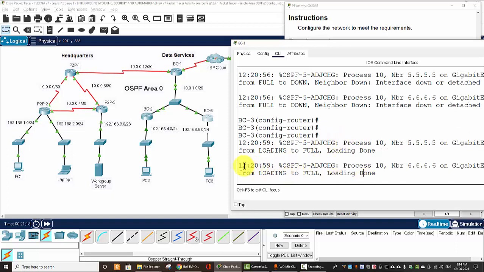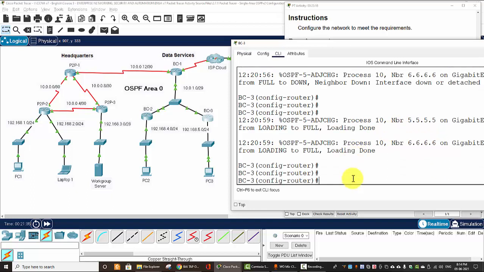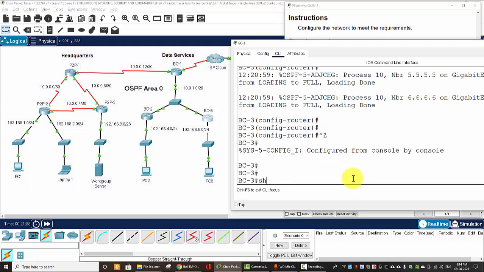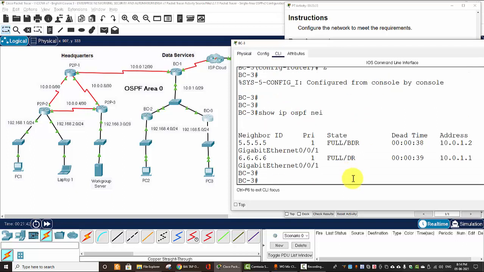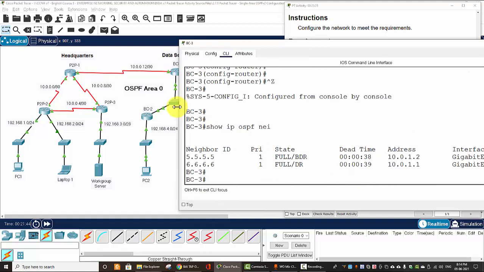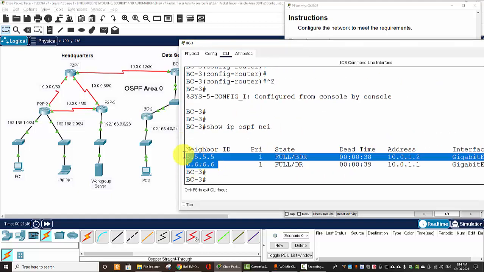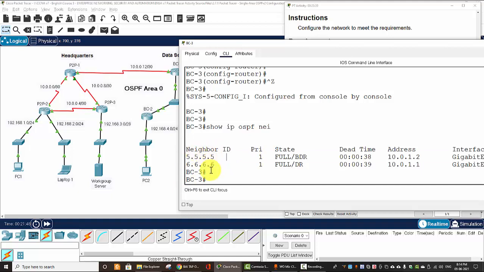So after some seconds we get the syslog message about the neighbor, the routers BC2 and BC1 here, and we can show the neighbors with show ip ospf neighbor, and we get the result of two neighbors.